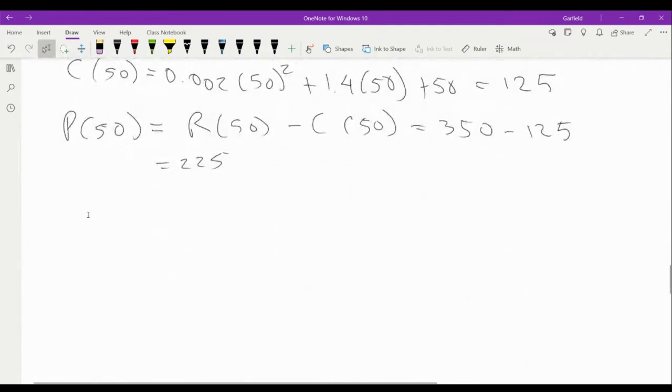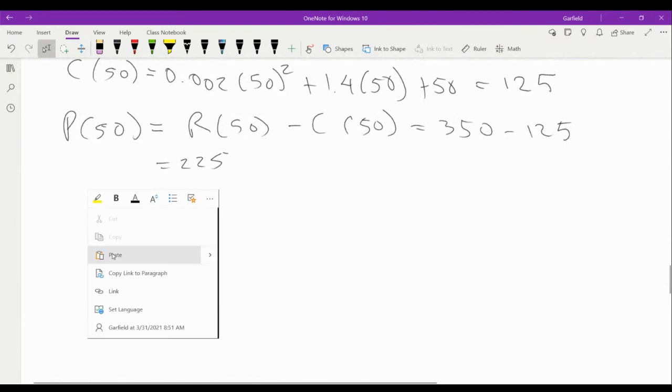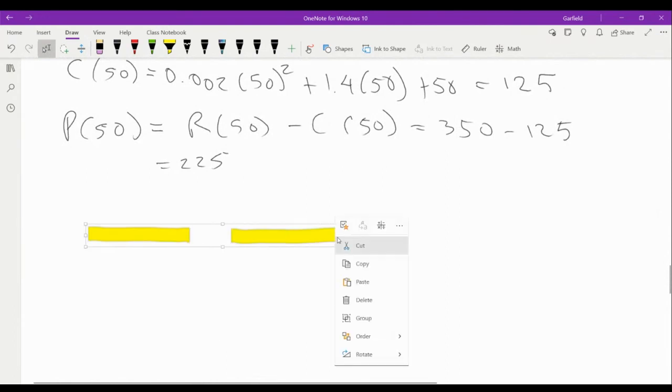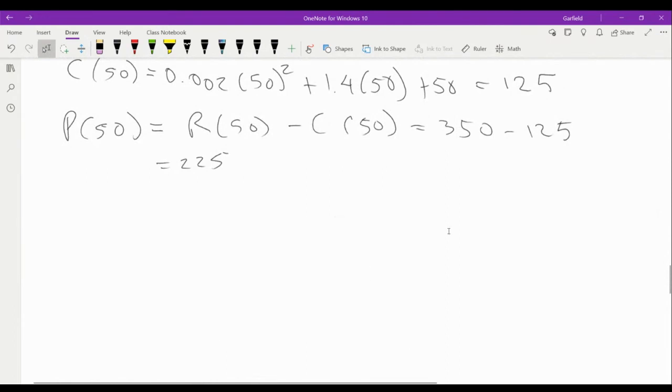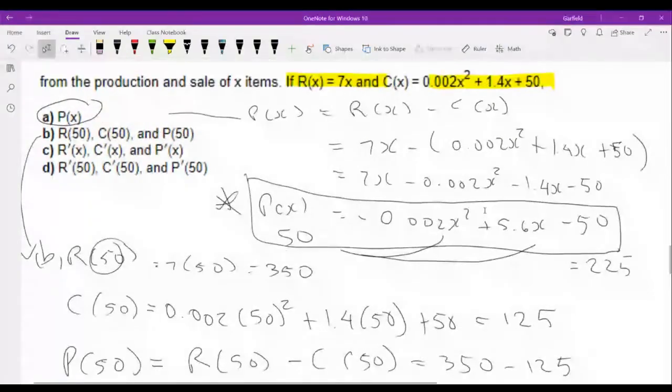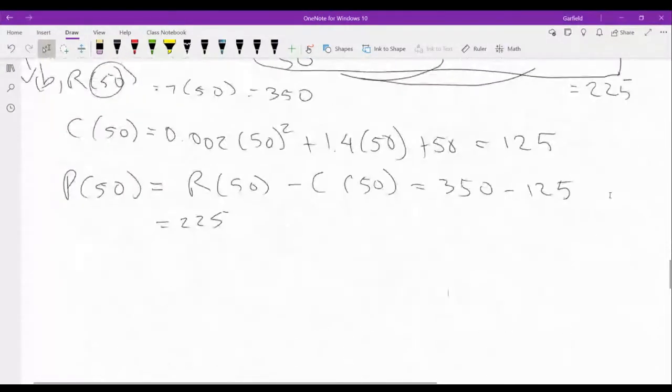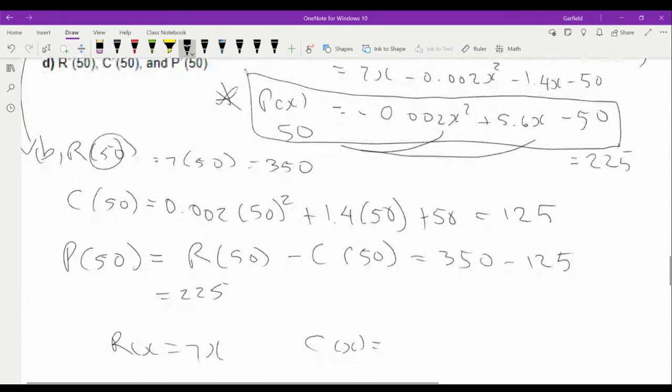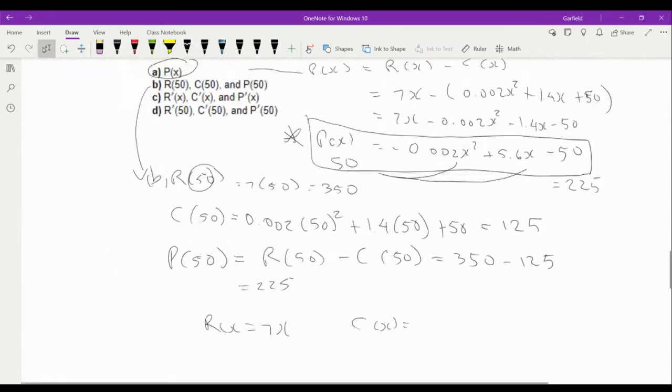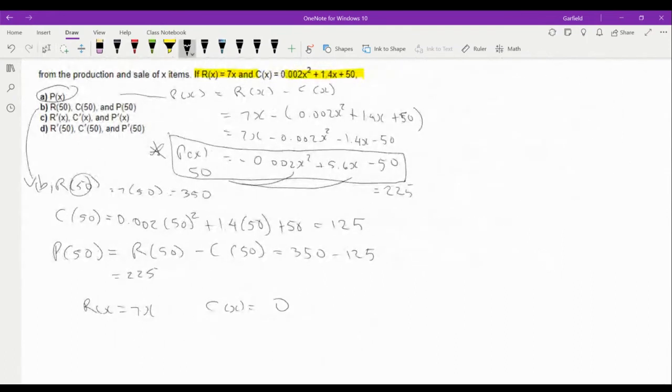Trying to copy this and put it down. All right, let's do it the old-fashioned way. So R of x is equal to 7x. And our C of x is equal to 0.002 x squared plus 1.4 x plus 50.